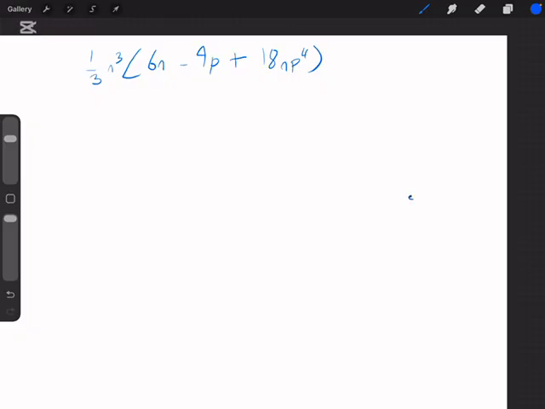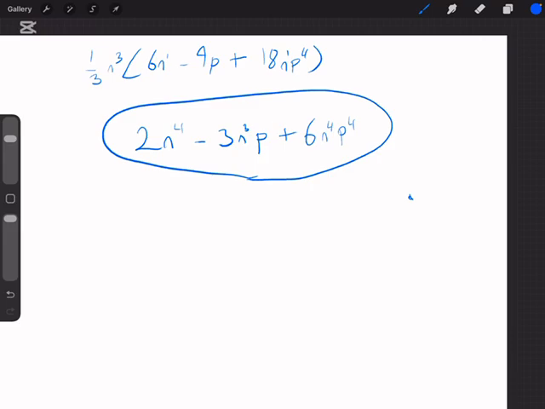So first, 6 times 1/3 is 2, and n times n to the 3 equals n to the 4, minus 9 times 1/3 is 3, n to the power of 3 p, plus 18 times 1/3 is 6, and again n to the power of 4, because 3 plus 1 is 4, there's an invisible 1 here and here, p to the 4. This is the final answer. Thank you.